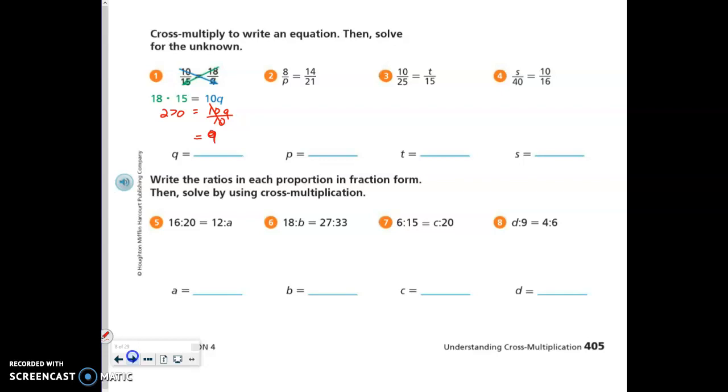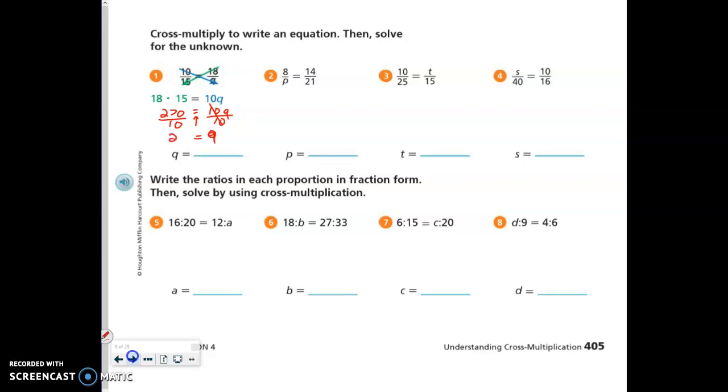Okay. And because we are looking for something that is equivalent and equal to, I have to do the same thing to both sides of the equal sign. So if I divide by 10 on one side of the equation, I must also do that on the other side to keep that equation in balance. So my actual problem here is Q is going to equal 270 divided by 10.